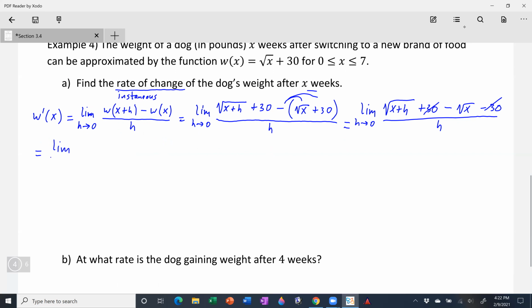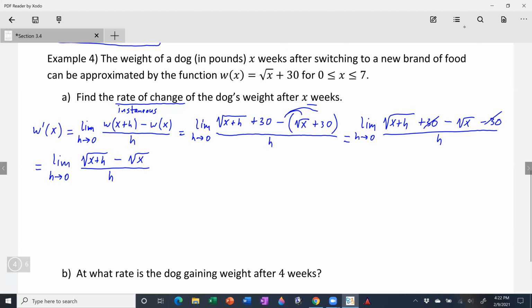But we do have a square root situation, which requires a different technique. I believe we've done stuff like this a little bit in the past. If you try the direct substitution, you'll quickly see we have 0 divided by 0.